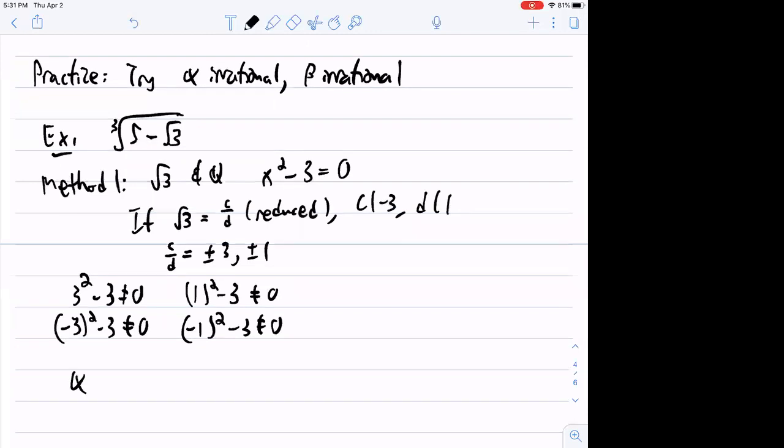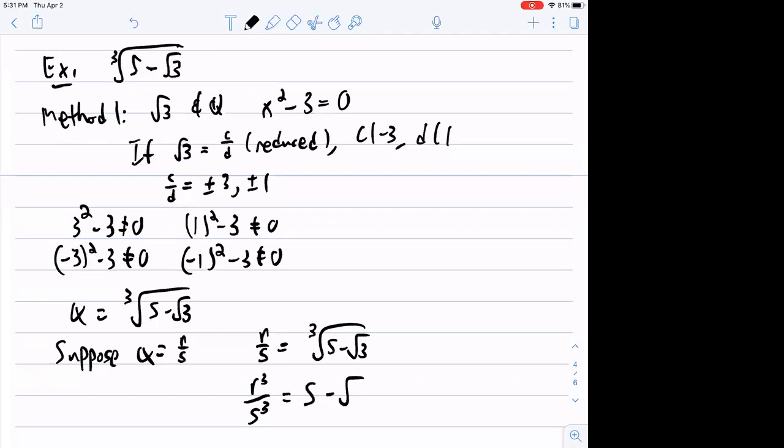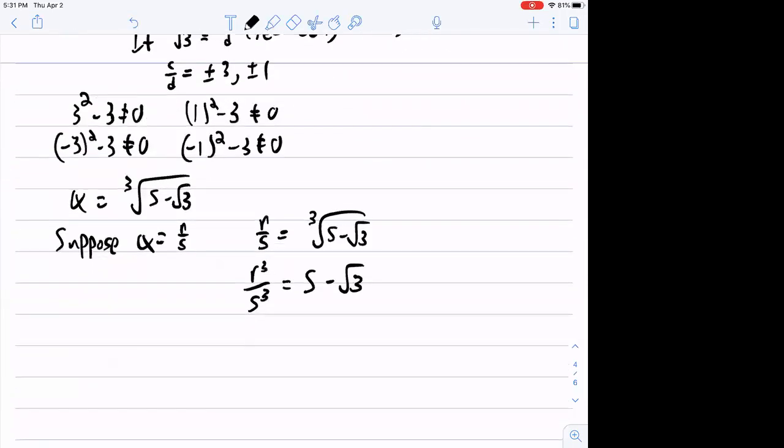But then if you let alpha be cube root of 5 minus root 3, so you get alpha cubed. Let me just write this. Now you assume by contradiction, suppose alpha is R over S. Then R over S equals cube root of 5 minus root 3. R cubed over S cubed is 5 minus root 3. And you must subtract 5. I'm going to skip a step.